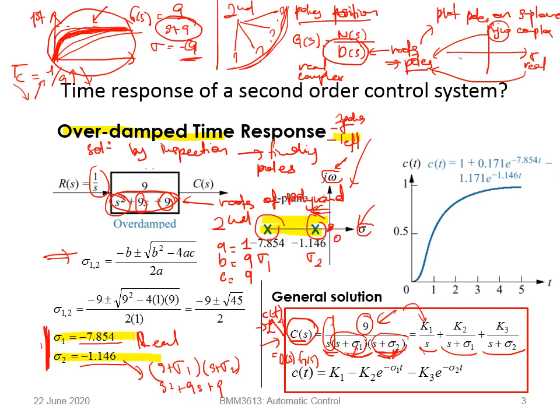So if both of your poles are located on the left hand side of your S-plane, then you will have what we call an overdamped time response, and the time response will look like this. So that's for overdamped time response.